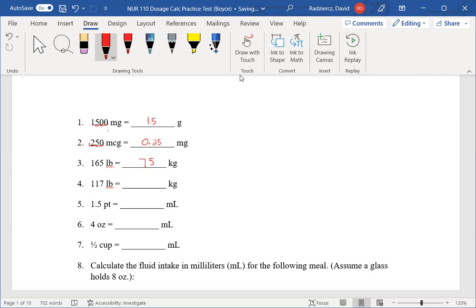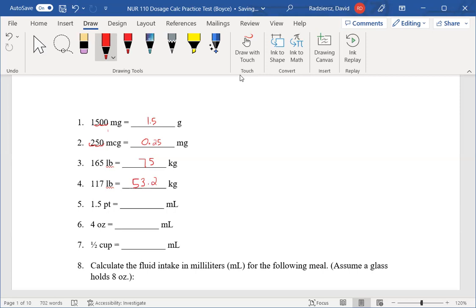So in the chat, what should I put as my final answer? Just type it into the chat, what you think it should be. Good. Perfect. And that is exactly what it's supposed to be, because you're supposed to round to the nearest tenth. And that's something else that you need to know and something we've talked about.